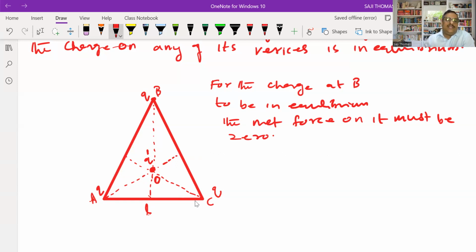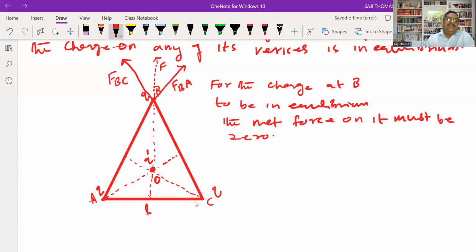This charge at A repels the charge at B, so this force is in this direction, written as FBA, the force on B due to the charge at A. Similarly, the charge at C repels B in this direction, which I am writing as FBC. Now, the resultant of these two will be in this direction, which I am writing as F. So F is the resultant of FBC and FBA.